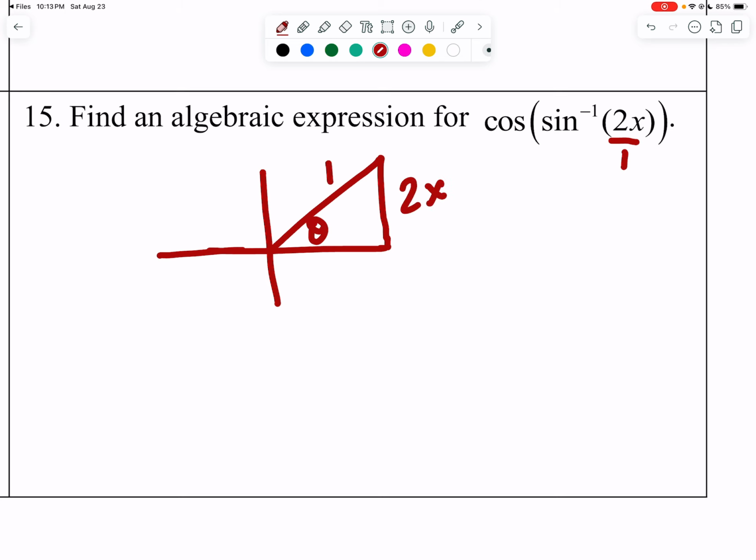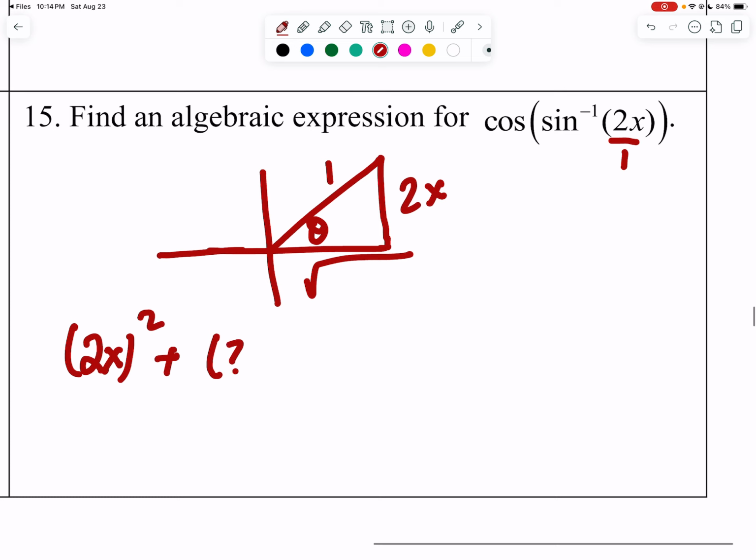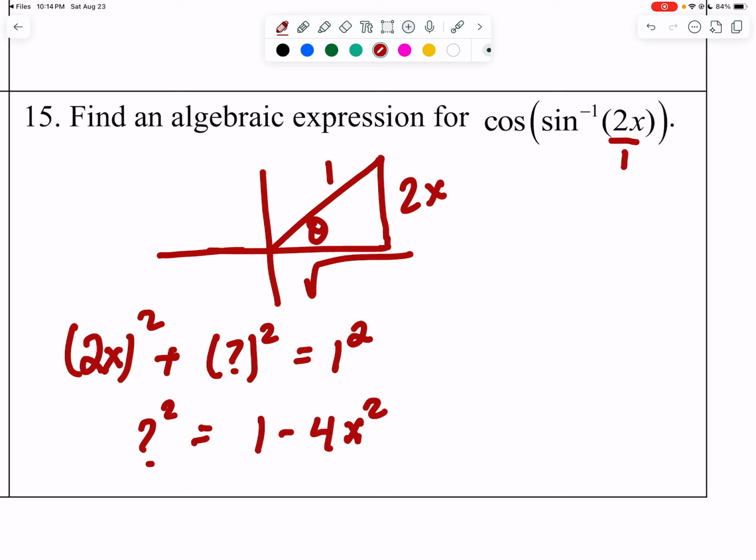I need to figure out what my adjacent is. So using my good old Pythag, I'm going to have (2x) squared plus, let me not use x, I'm going to use question mark squared is equal to 1 squared. Question mark squared is equal to 1 minus 4x squared, which means that question mark is the square root of 1 minus 4x squared.